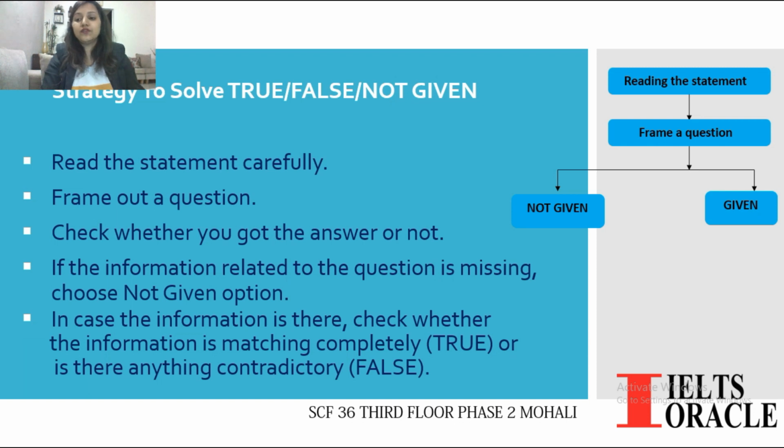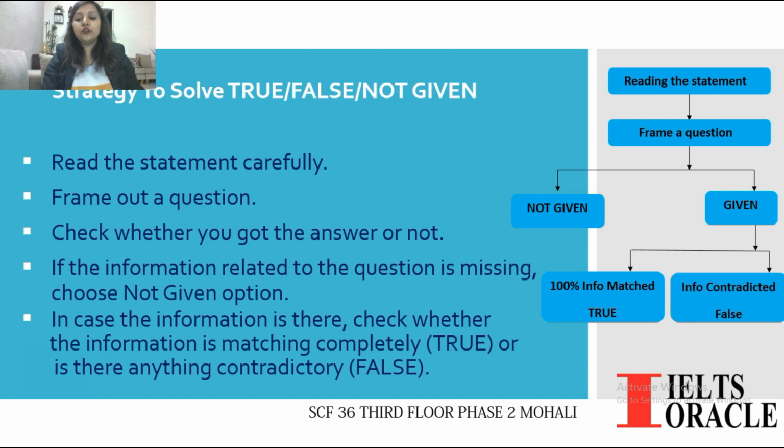So proceed with the given option. Now you have two more options. If the information given in the passage is 100% matching to the information given in the statement, you will be proceeding with the true option. And if any sort of contradiction is there, then you will be opting for the false option, right?